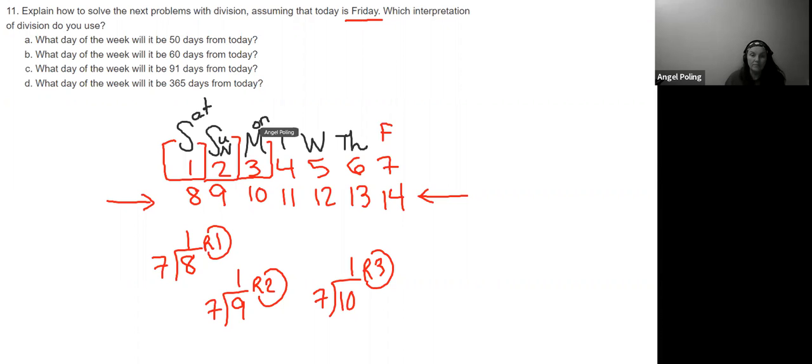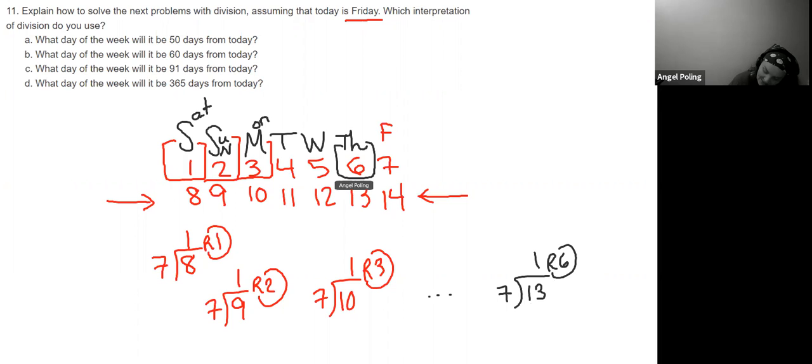And so on. Now let's look at the end, right? So dot, dot, dot. Now 7 into 13, we have 1 remainder 6. And then 7 into 14, we have a remainder 0.